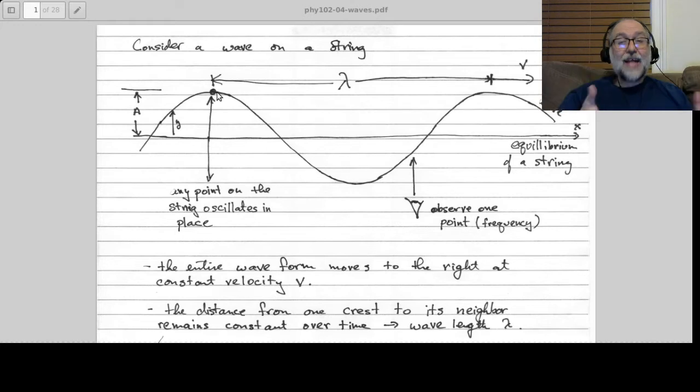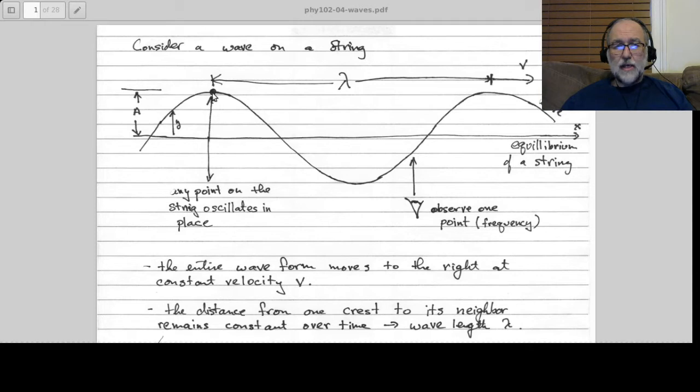Collectively, it gives rise to these crests and troughs which move to the right at a constant velocity v. That's a little hard to picture, but again, just imagine that little red dot there. It's just going to oscillate up and down, and it really is simple harmonic oscillation. The calculus students will see that in the other lecture.